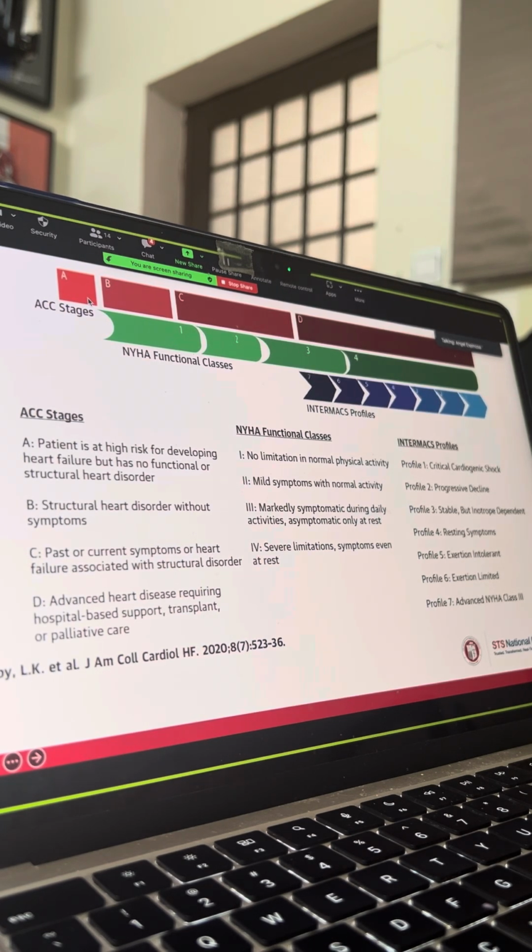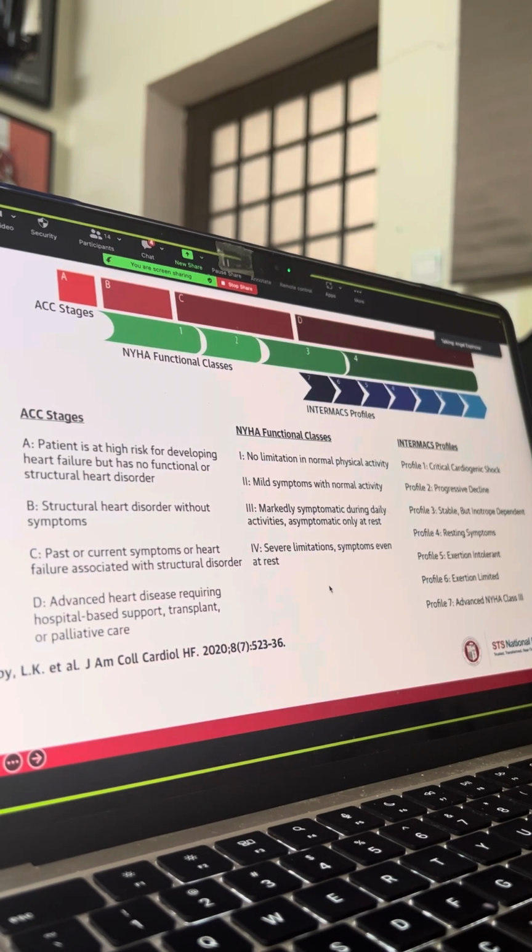Since 2004, the American College of Cardiology has been classifying chronic heart disease, like a cancer, in stages A, B, C, and D. D means it is a terminal condition that will require end-stage treatment, either palliative or transplantation. So this is just to show you that INTERMACS somehow tries to unify three different classifications for acute cardiac disease or cardiac decompensation, let's say.